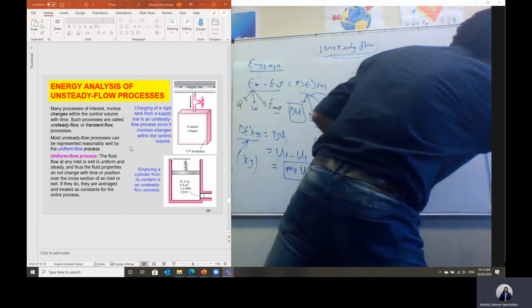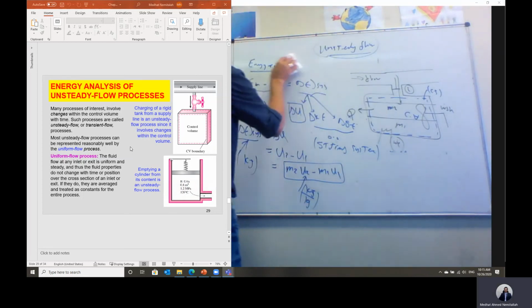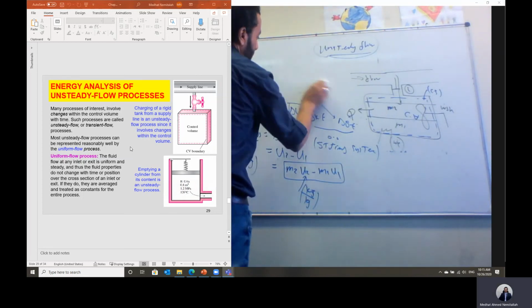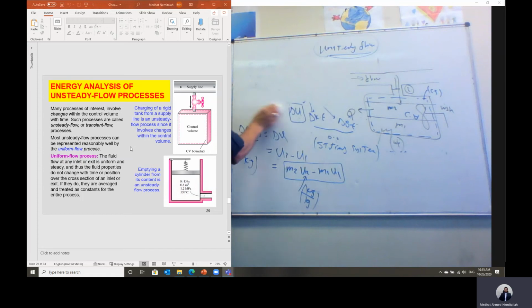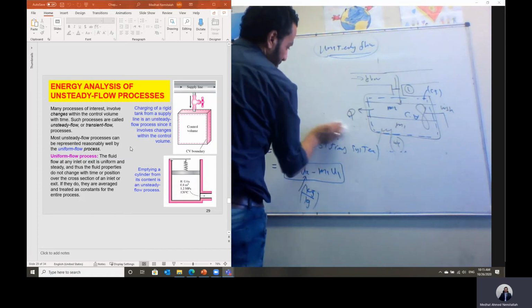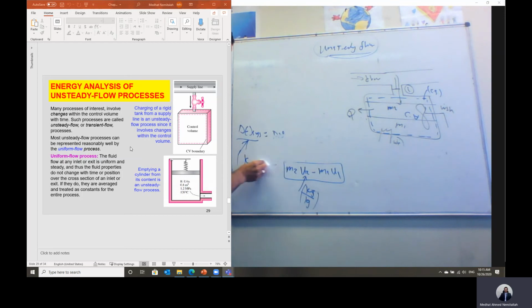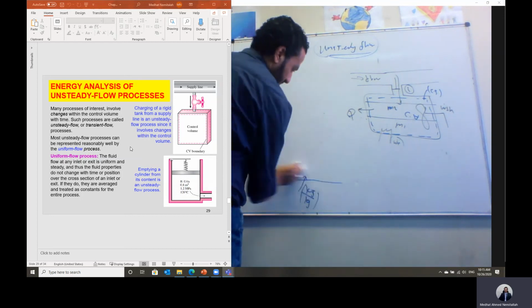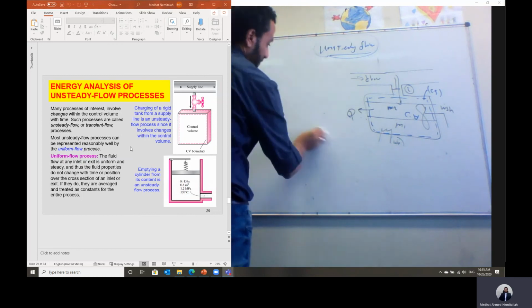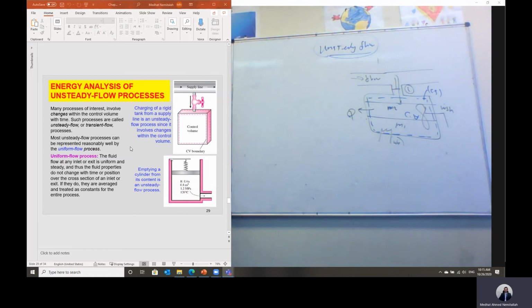And let's write down this equation. We said the change of energy will equal delta U, which is M2U2 minus M1U1. This is the right-hand side of the equation. But what about energy in minus energy out?